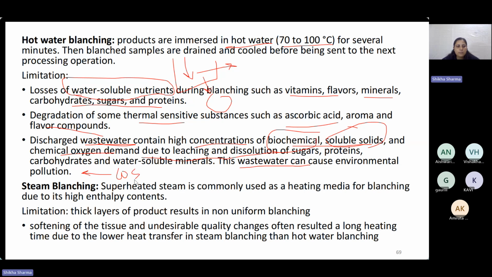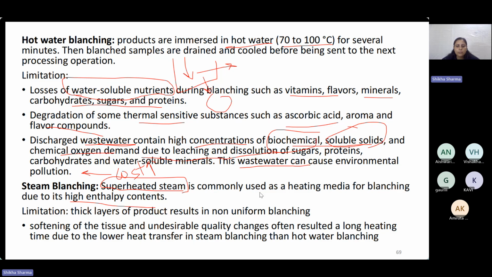Then there is the steam blanching process. In that, superheated steam is used as the heating medium for blanching because it has high enthalpy, but it has several limitations.